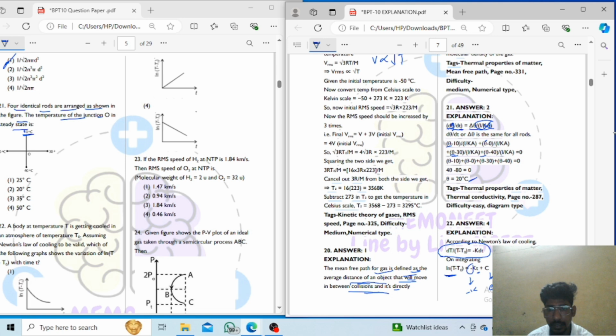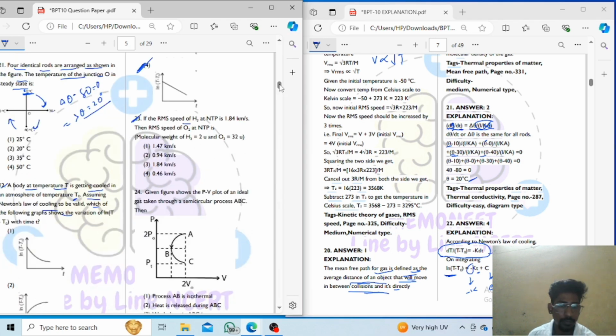Question number 23. If the RMS speed of H2 at NTP is 1.84 km and the RMS speed of O2... First of all, go through this question. You can see V_RMS here only depends on the molecular mass m, because no temperature is mentioned. In the formula V_RMS is root of 3RT by m, where R is a constant and 3 is a constant number also. T is not mentioned, therefore V depends on m only.